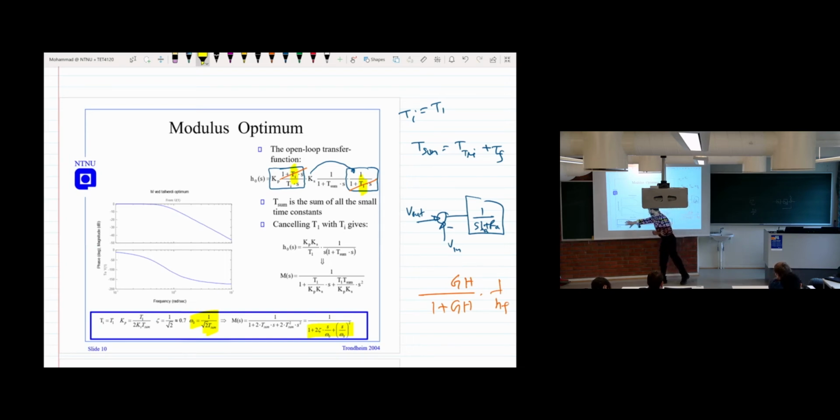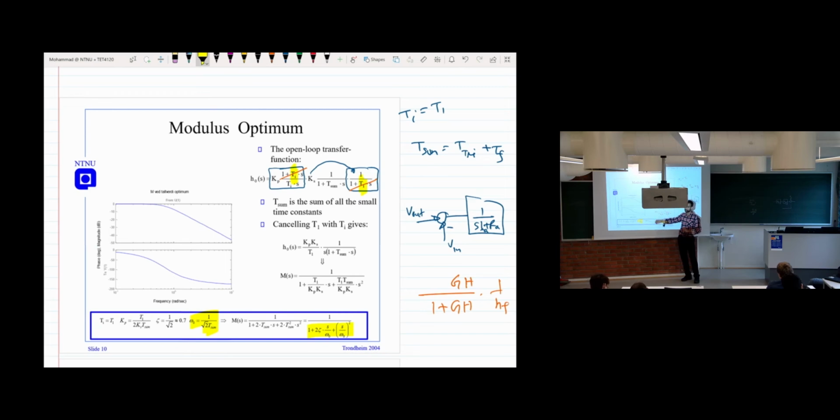Now if you insert this into the second order equation, you will see that the closed loop transfer function has only T sum remaining. This means the response of the closed loop system for a motor system only depends on the T sum.